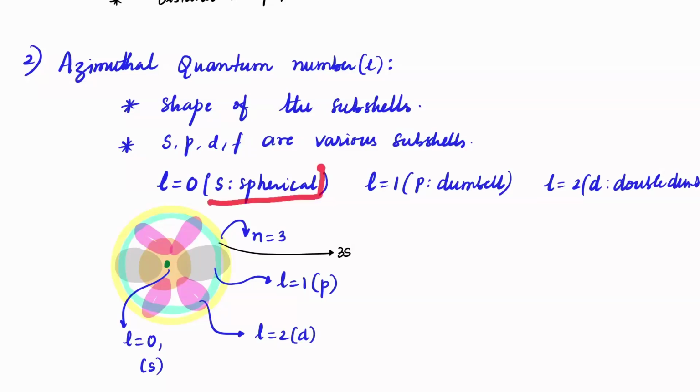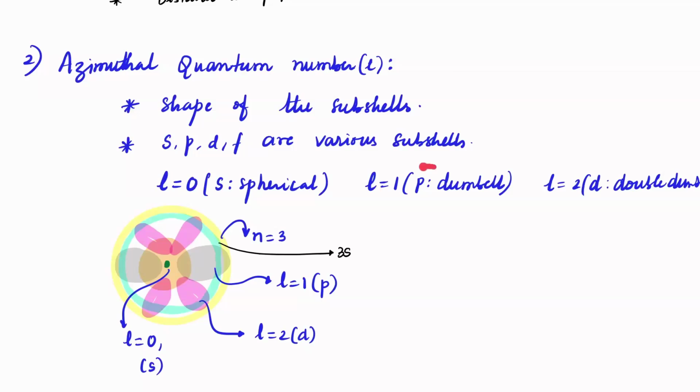s means a spherical cloud within the designated boundaries. Within that boundary, I'm able to see some spherical cloud. And that spherical cloud is designated with a value in the Schrodinger equation as 0, when L is 0. Got it?